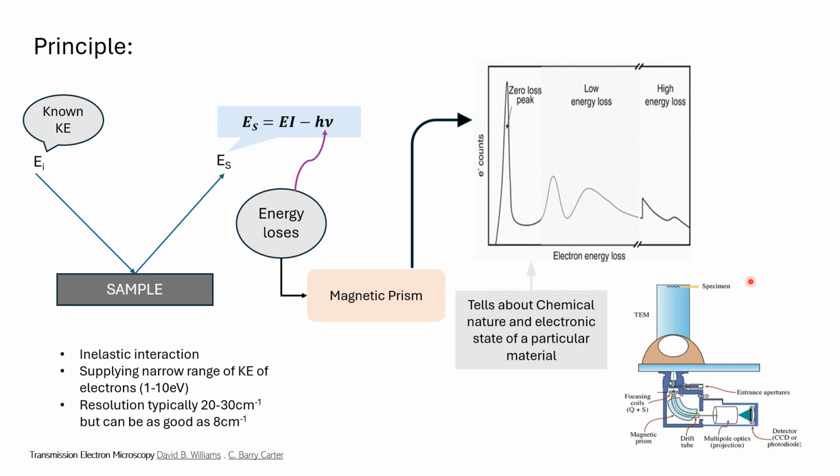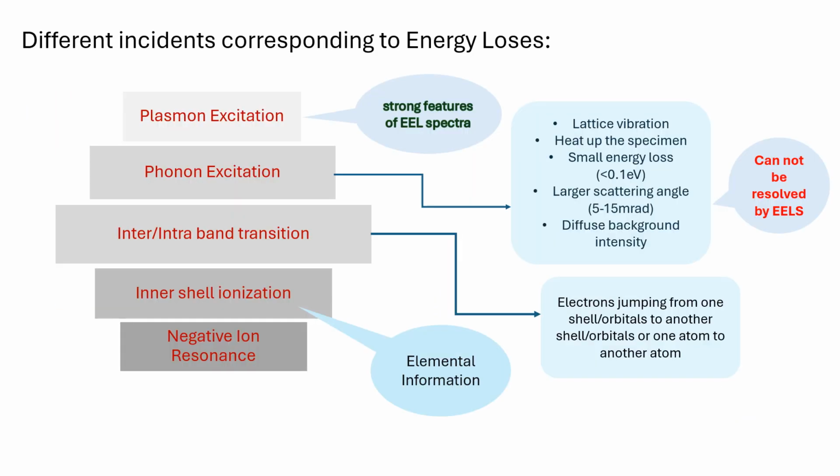Now here I have presented the instrument of EELS, how it looks. EELS is basically attached with the TEM instrument, and this is the schematic diagram of the instrument. As I previously mentioned, inelastic interaction triggers different processes to occur which lead to the energy loss.